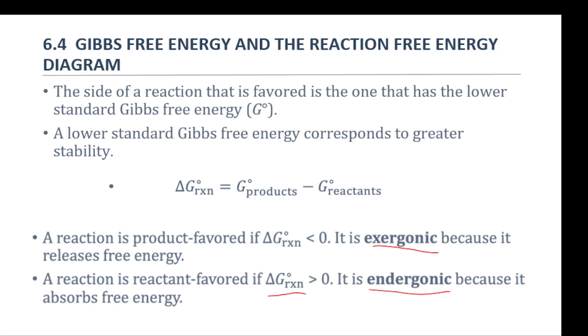Okay, and again, if it's greater than 0, that means the reaction, i.e. the system, absorbs energy. If it's less than 0, that means the reaction or system is releasing energy into the surroundings, right? Now, keep in mind that when we're talking about Gibbs free energy, that could be entropy, but that can also be enthalpy, right? Okay, which are two very different ideas of heat and energy, okay?